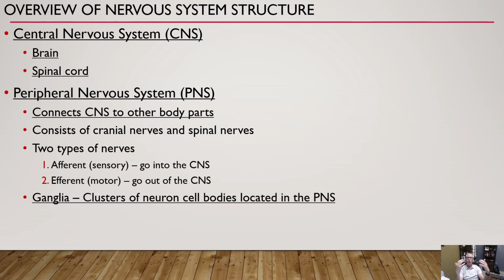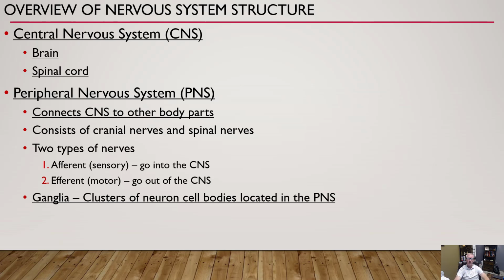We have cranial nerves that originate off of the brain. They are not part of the brain tissue, so they're considered the peripheral nervous system. We have spinal nerves that originate off the spinal cord, but they are not part of the spinal cord, so they are considered the peripheral nervous system.